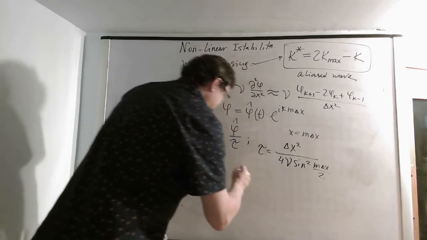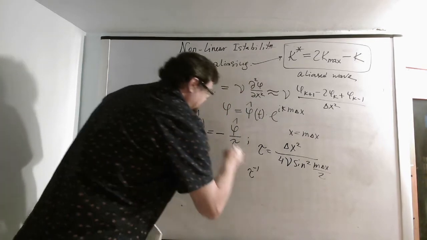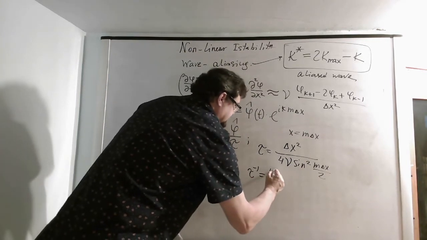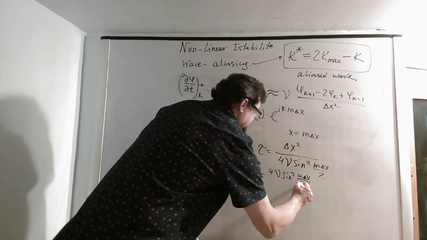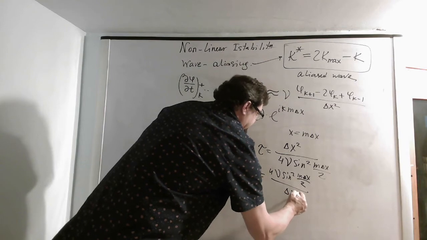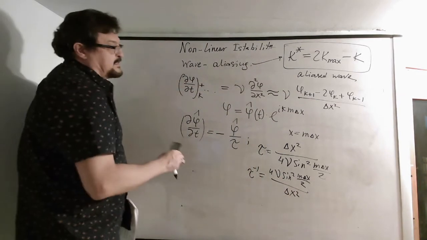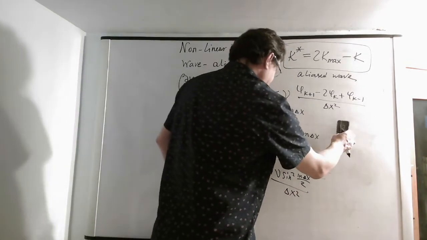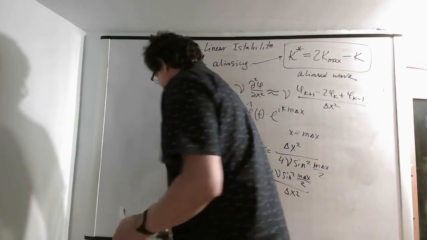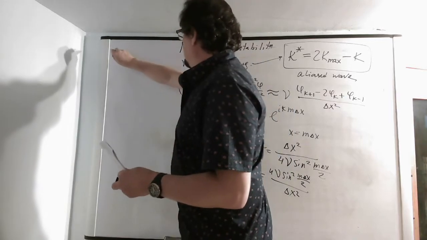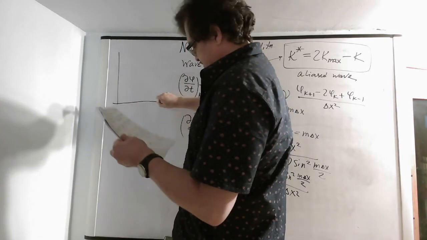So that 1 over tau equals 4 nu sine squared of m delta x divided by 2, divided by delta x squared. So let's plot this response function.